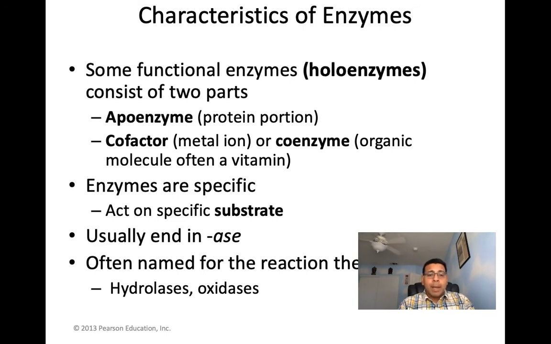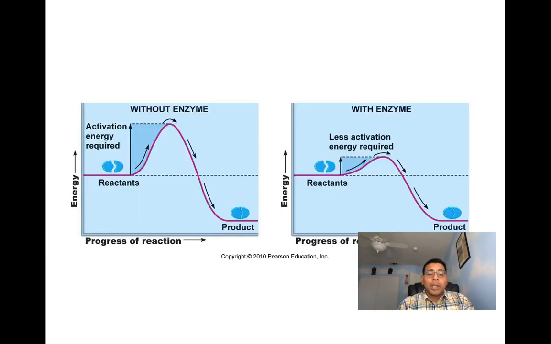Now, when we talk about enzyme action, we'll see chemical reactions are going to require energy, which we refer to as activation energy. Activation energy is the amount of energy that's needed to help break the bonds of the reactants so that way they can rearrange themselves and become the product.